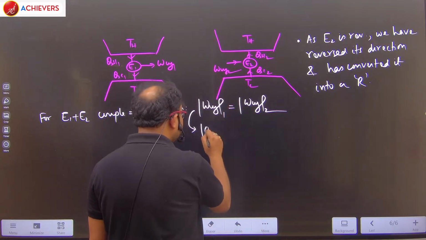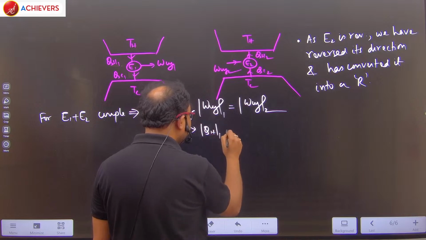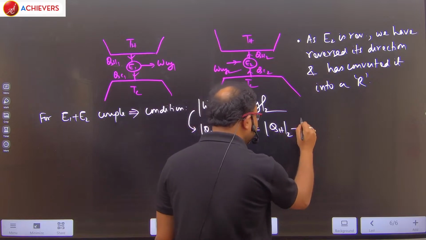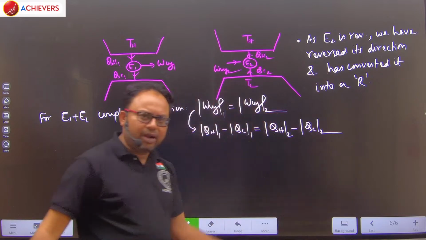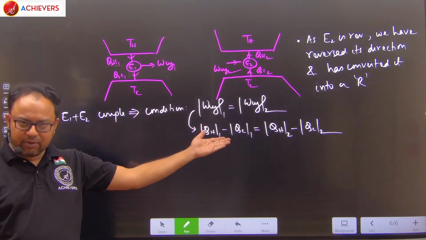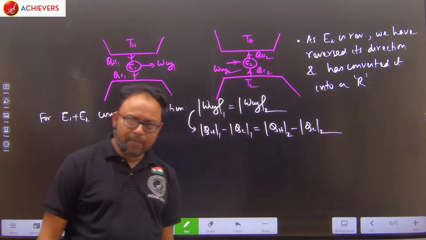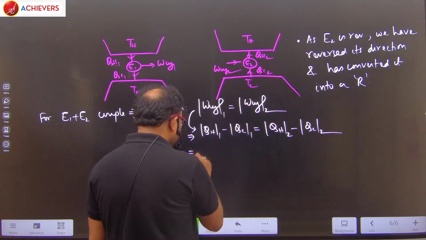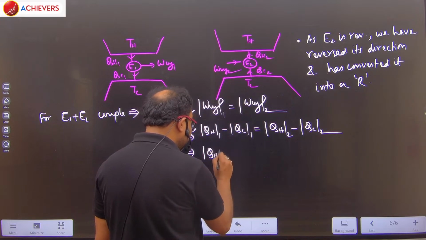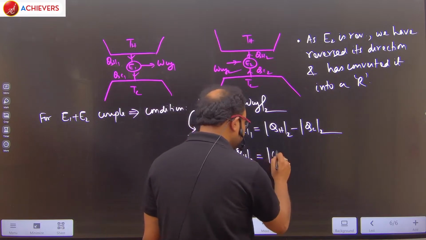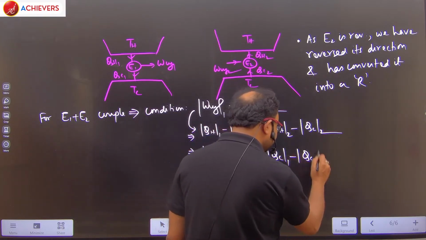That makes mod QH1 minus mod QC1 equal to mod QH2 minus mod QC2. We are already acquainted with these things. Mod W cyclic means mod QH minus mod QC, so this is valid for system 1, that is E1, and also for system 2, that is E2. From here we can say that mod QH1 minus mod QH2 should be equal to mod QC1 minus mod QC2.